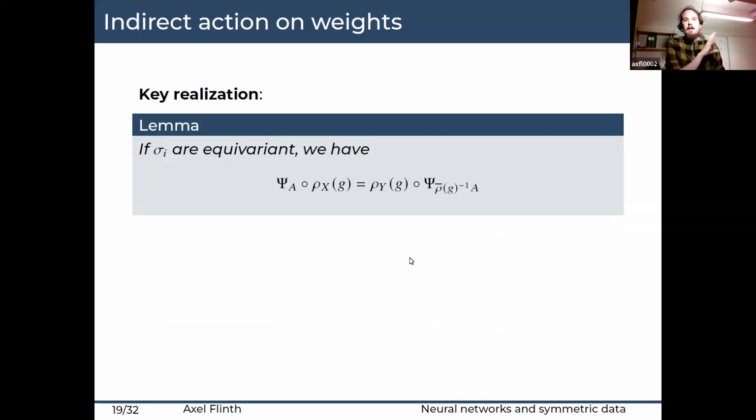It says that applying my neural network to a transformed example is basically the same as applying the same neural network architecture to the non-transformed example, but with transformed weights. So the augmentation is related to an indirect action on the weight space.